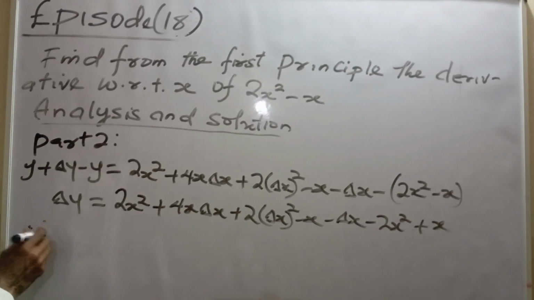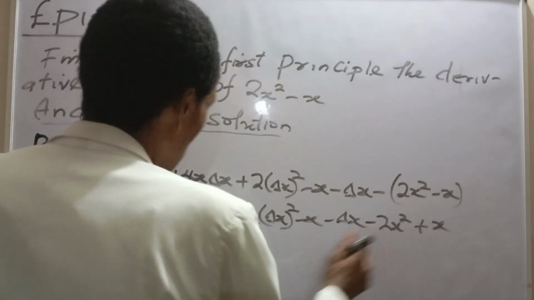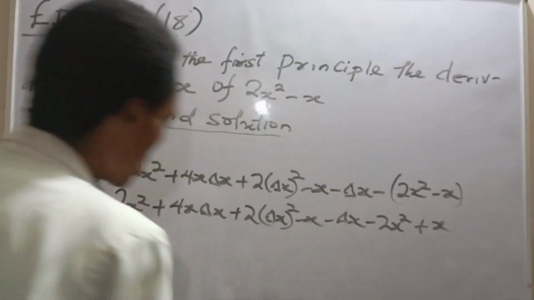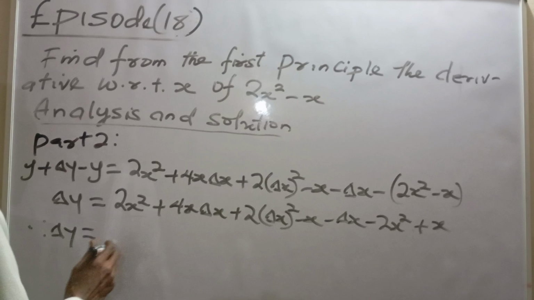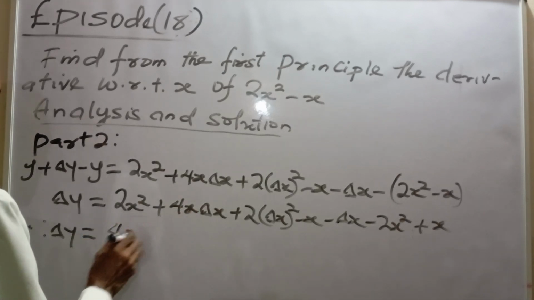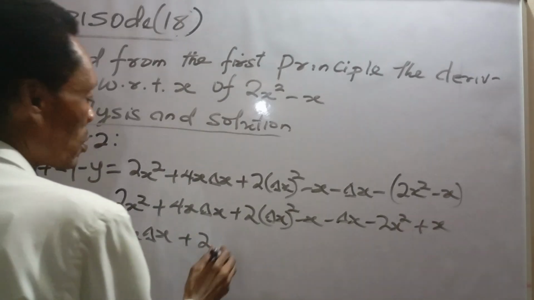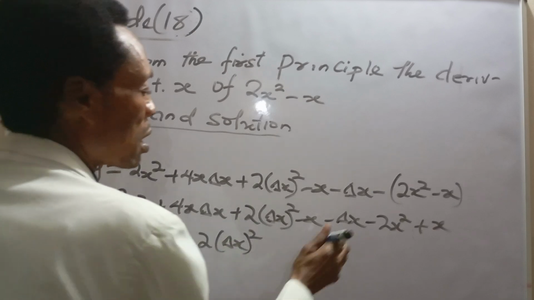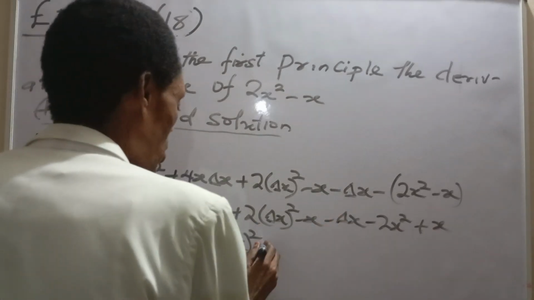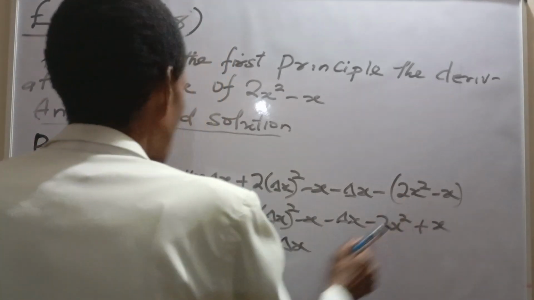So therefore, your delta y equals, look at it, this is a 2s squared, this is a 2s squared. So they can cancel themselves. Then this is plus s, this is minus s, this one can cancel this. So we are left with 4s delta s, which is this, plus 2 open bracket delta s squared, then minus delta s, because this has cancelled itself and this has cancelled this.